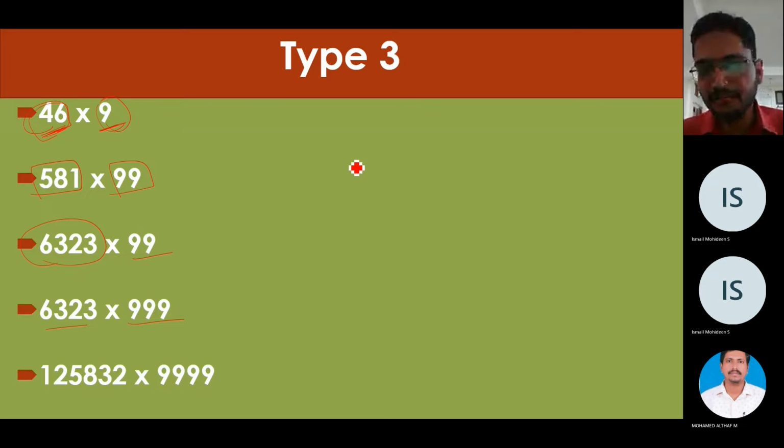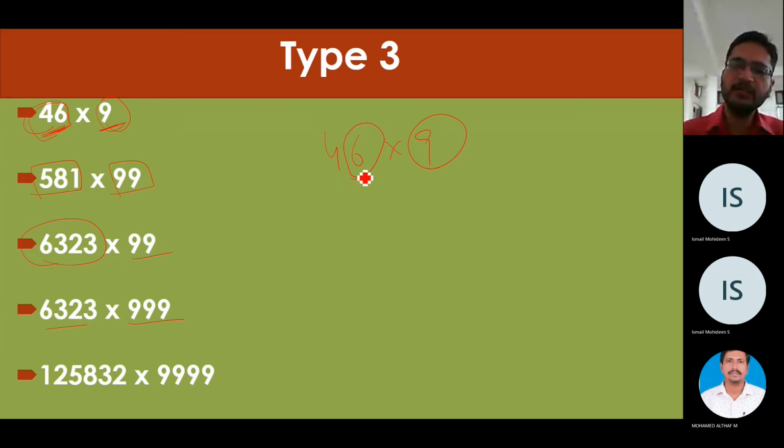Now I am starting with a simple question. Now we are to multiply 46 with 9. Because here it is 1 nine, I will keep this one number, and now in the rest I will add 1 in the rest number. 4 plus 1 is 5.